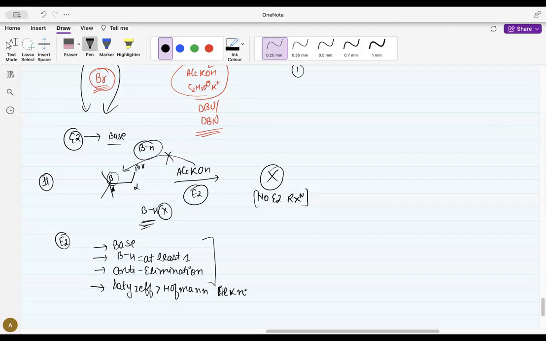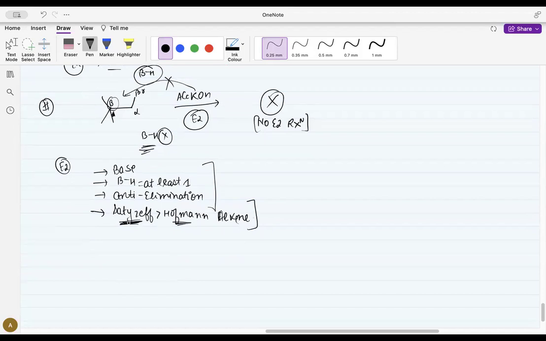We will always prefer to have the Zaitsev product with respect to the Hoffman alkene. Always the Zaitsev alkene is more stable than the Hoffman alkene, you have to remember. Whenever you have conjugation, you will always try to make a conjugated alkene. You always have to make a conjugated alkene where you get resonance.